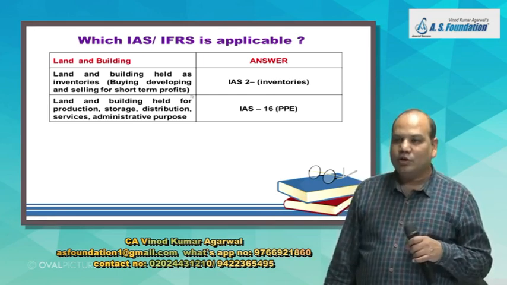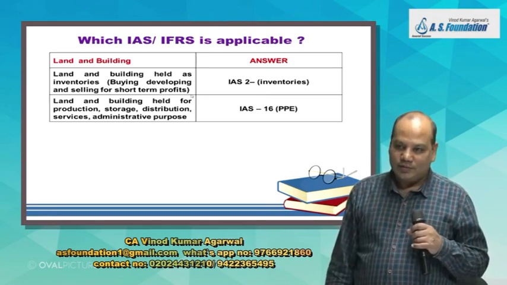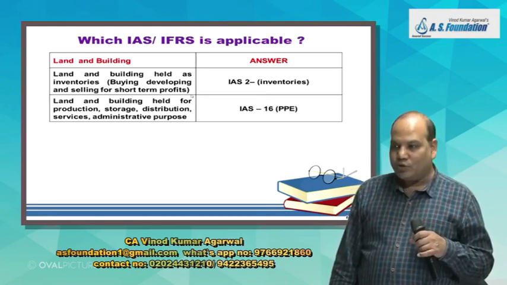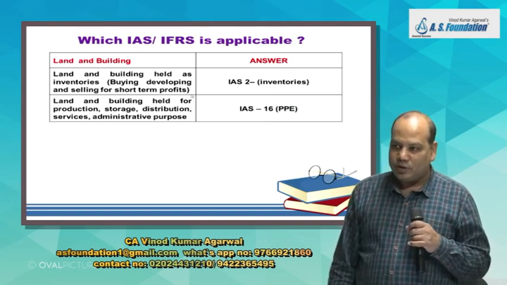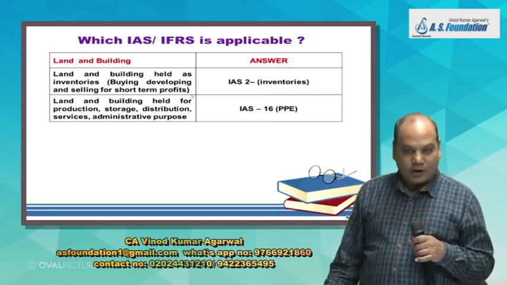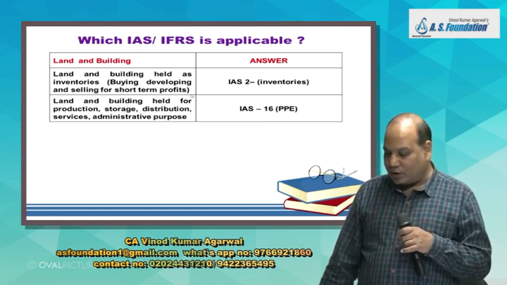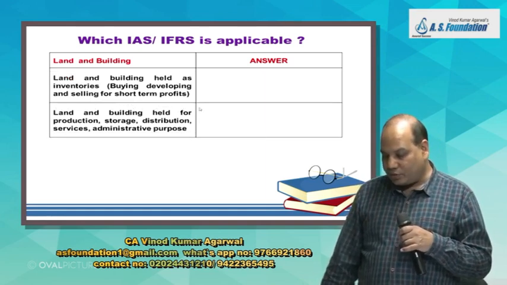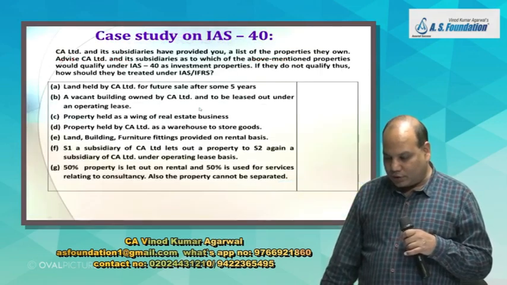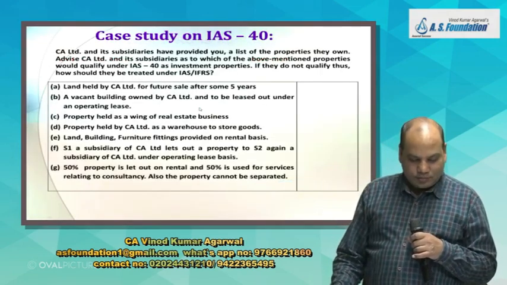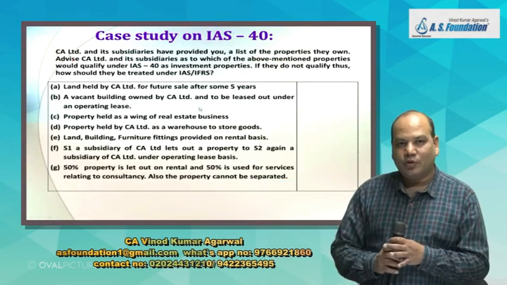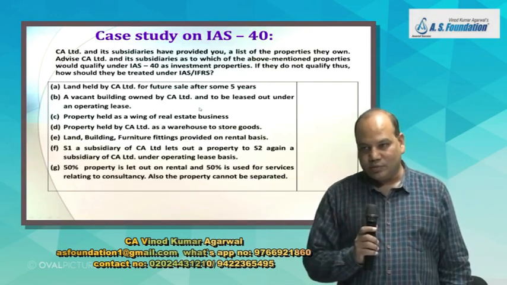But as I said, cost model is rare under IFRS, so long as you can find out the fair value of a property. And in today's world, finding fair value of a property is not a difficult task. There are independent valuers. They can do justice to the valuation. So mostly those companies which follow IFRS will follow fair value only.